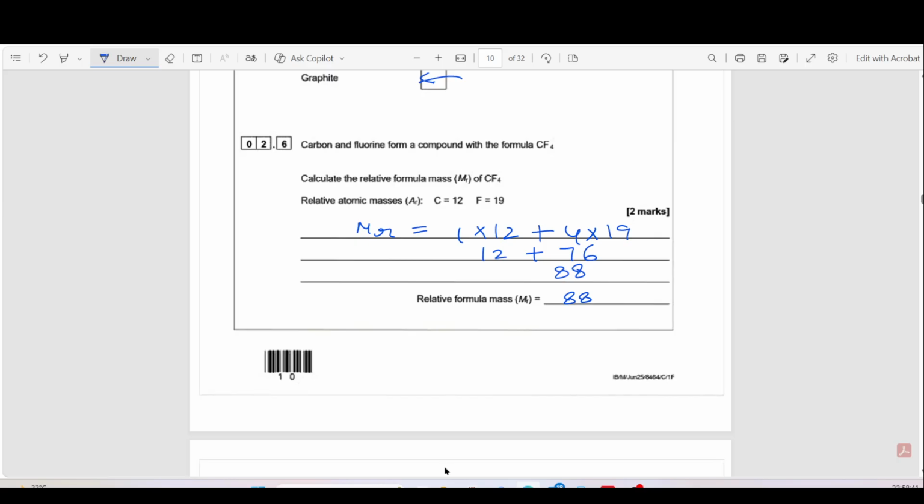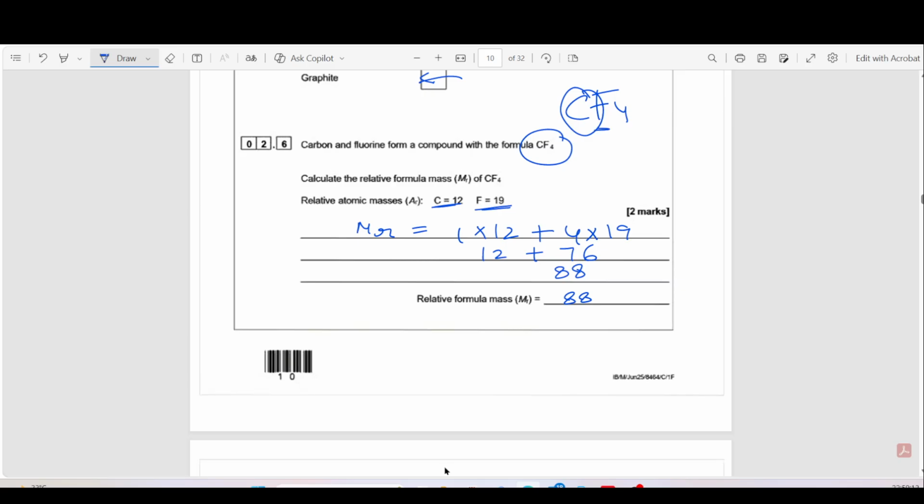Okay, next we have to find the relative formula mass for CF4. So what we need to do is use the values of carbon and fluorine. Because this is CF4, C is 12 and there is nothing over here, so we just times it by 1, because 12 is the atomic mass for carbon.